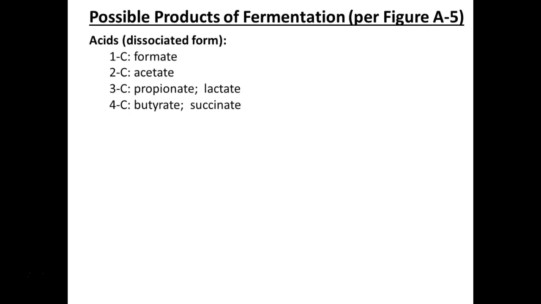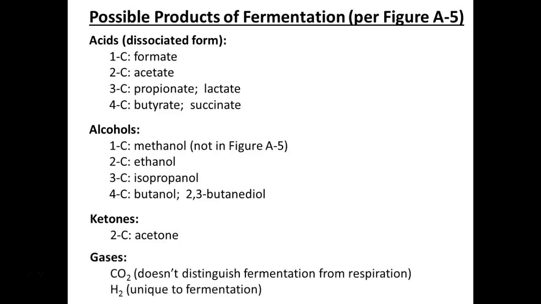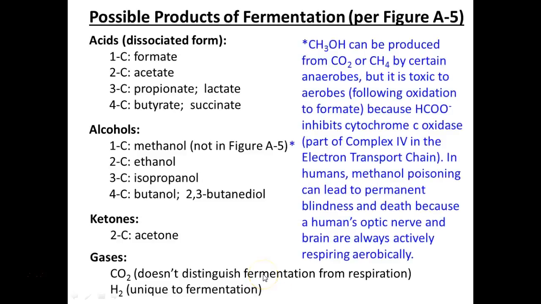So some common products that you'll see are a lot of different acids: formate, acetate, propionate, lactate, butyrate, succinate; a bunch of different alcohols: ethanol, methanol, isopropanol, butanol and 2,3-butanediol; some ketones, which are also acidic, like acetone; and then again the two gases. And remember, only hydrogen is unique to fermentation, but carbon dioxide can be produced by aerobic respiration.